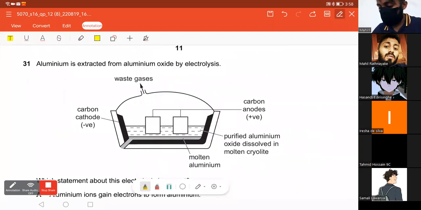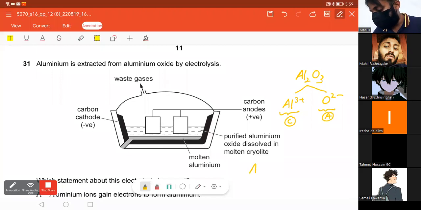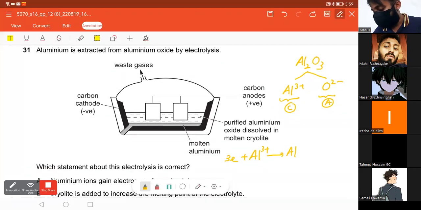This is aluminium extraction. Tell me what is it. Al2O3. What are the ions present? Al3 plus and O2 minus. This is attracted to cathode. This is attracted to anode. Then Al3 plus becomes what, Lamai? Aluminium by gaining 3 electrons. Next one, O2 minus becomes O2.